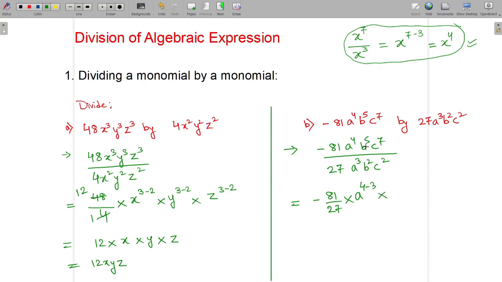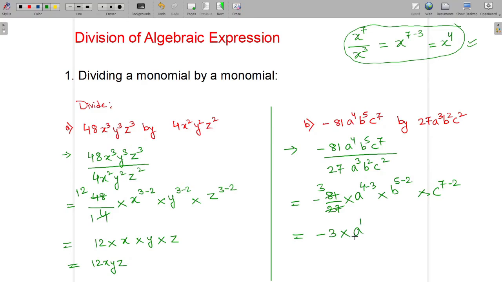Now into, now see, this b is in the numerator also, b is in the denominator also. So it is getting divided. So what will happen to its power? The power will get subtracted. So b to the power 5 minus 2 into, same thing we'll do with c to the power 7 minus 2. Now 27 threes are 81, so minus 3 into a, 4 minus 3 is 1.